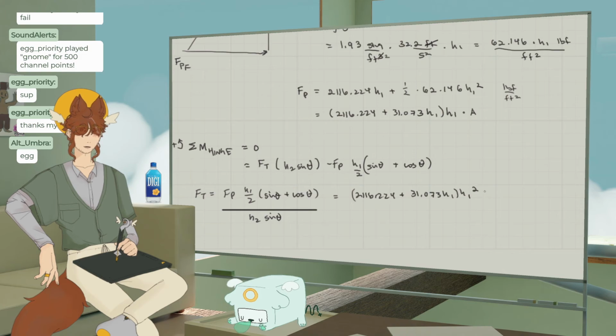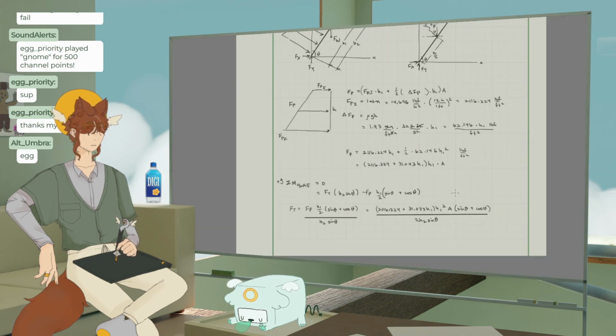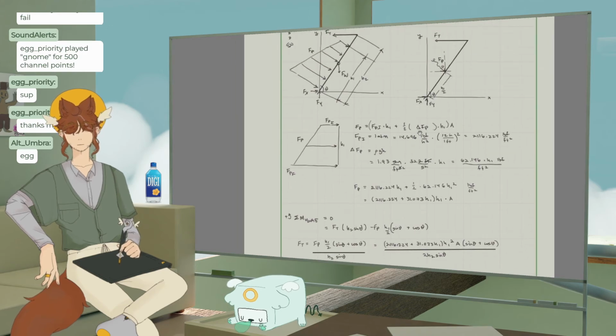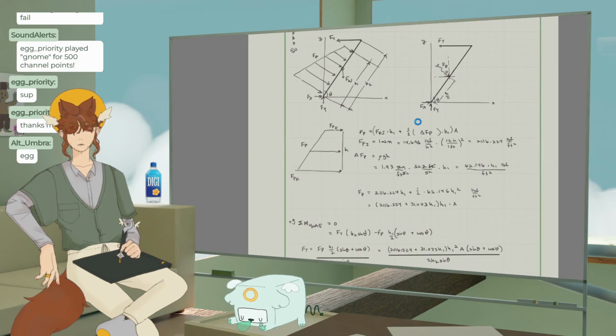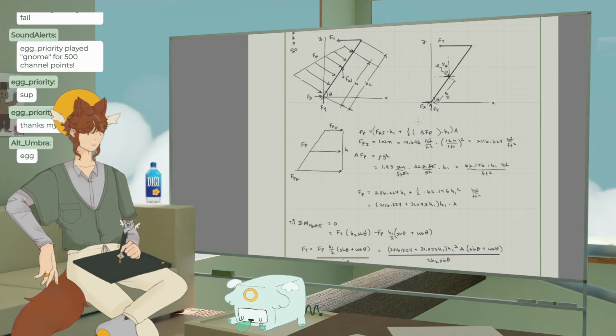I mean, I can do this, over 2 H2 sine theta. Oh, you know. Just my casual guy. And then we just do some of the forces and whatever, and then, yeah. It's not done, but it's close to done.